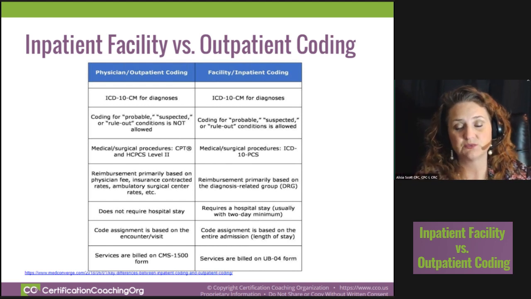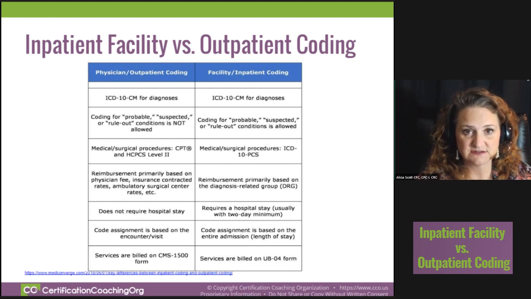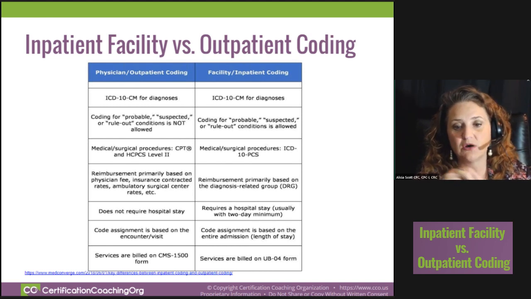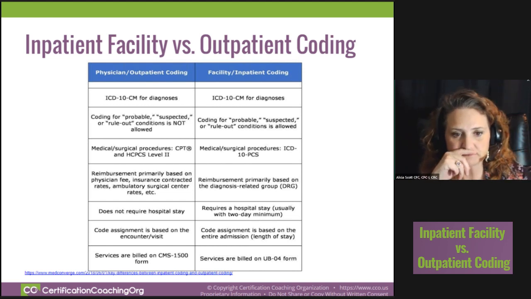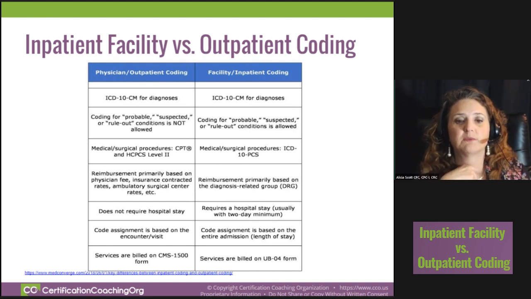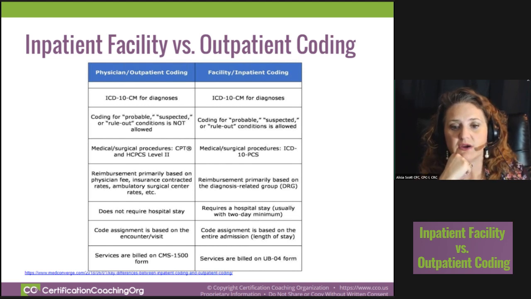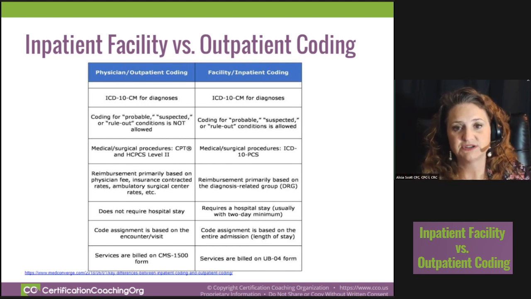And if their appendix ruptures before they take it out, then it's going to be $55,000. It's all based on that diagnosis related group. It's all grouped in, and you get a lump sum. When you talk about physician pay, they don't require a hospital stay, whereas inpatient, usually at least 24 hours.